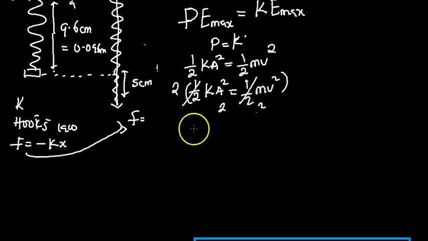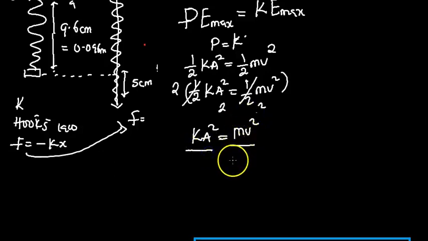We are going to be left with Ka square, which equals mv square, making v the subject of the formula, since that is what we need to find. Let's divide everything by m. M will cancel out. V square is the same thing as Ka square divided by m.